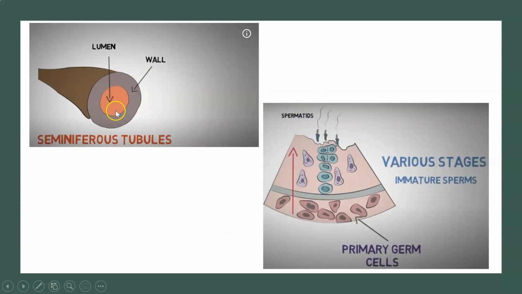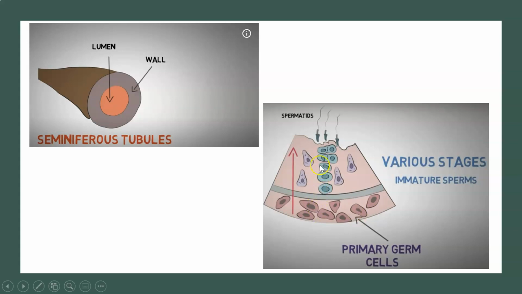So if we take a seminiferous tubule here and look at a cross section of it, the seminiferous tubules have this lumen, or this cavity, this opening, and then it's surrounded by the wall. The wall is going to be where this activity starts to take place. So within the wall of the seminiferous tubules, there are these primary germ cells. These are going to be diploid cells. They have a full amount of chromosomes in them. So there would be 46 chromosomes, each with 2 chromatids.